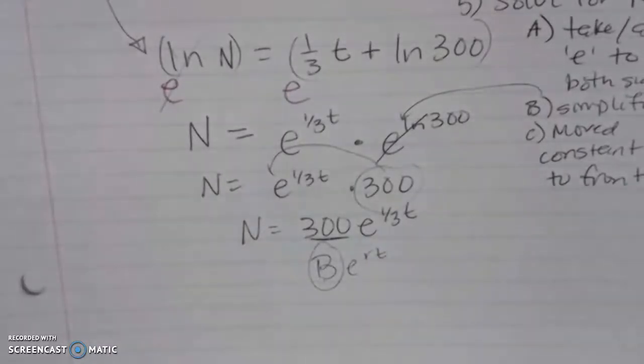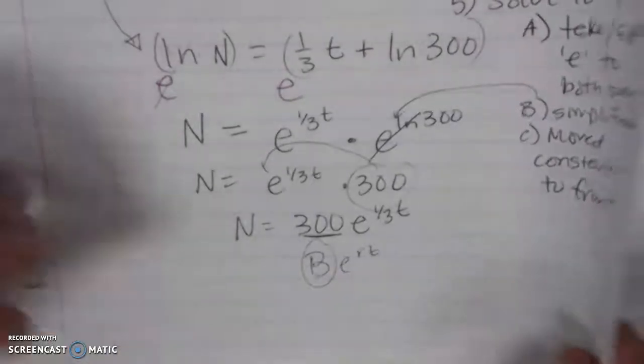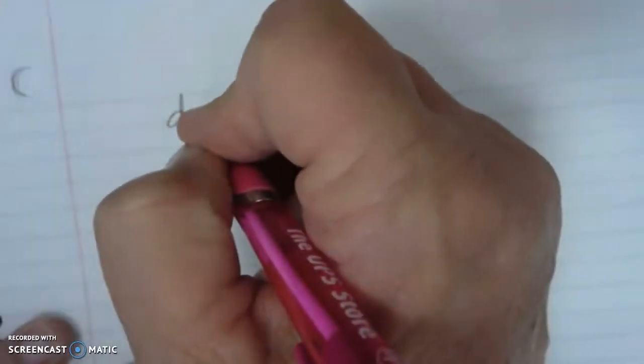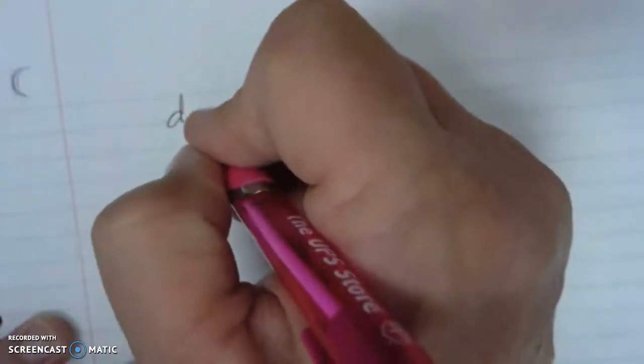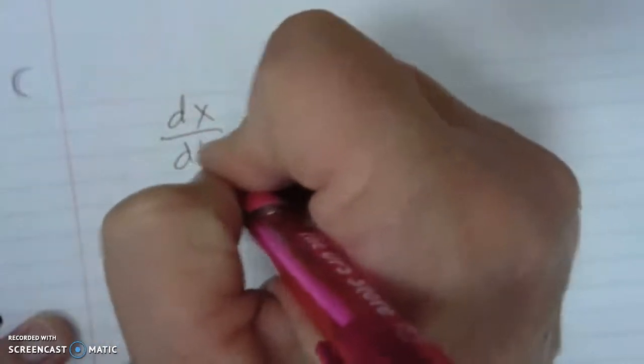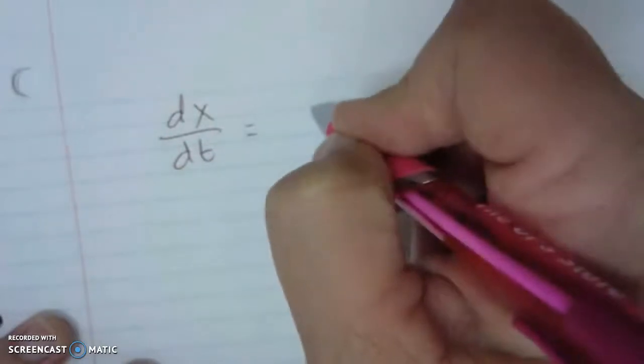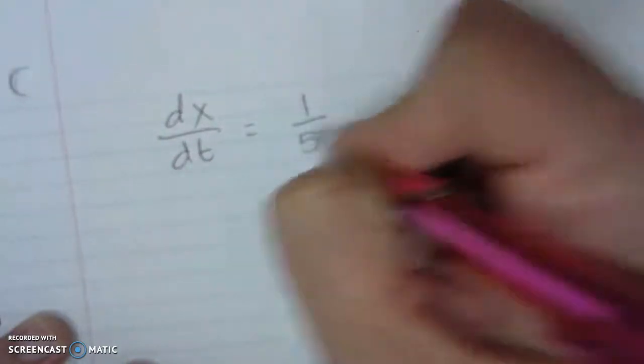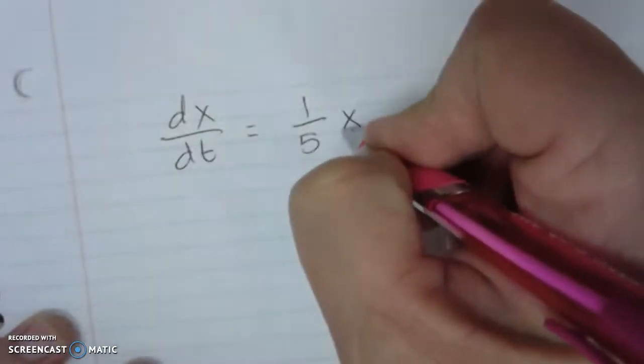Let me see. I could do another problem. Let's see if we have something like this. Let's say I have dx/dt equals 1/5 x.